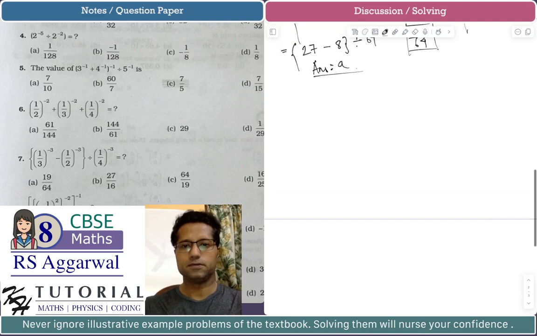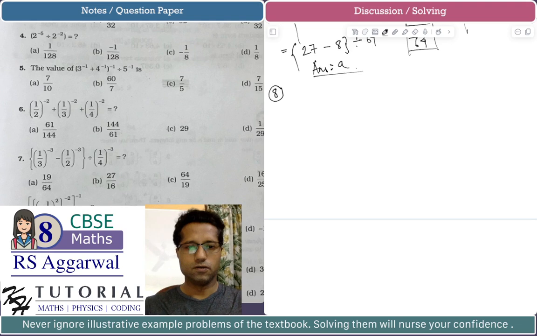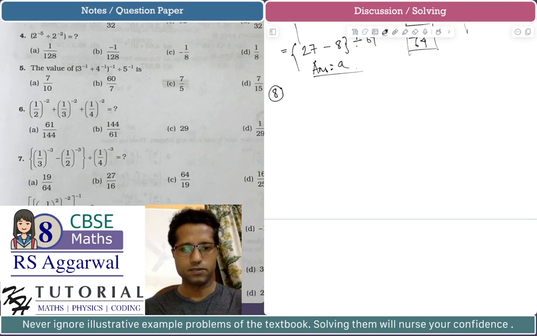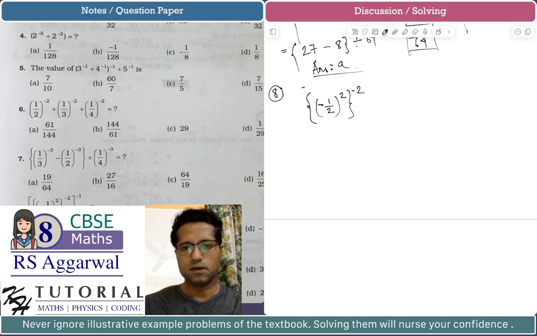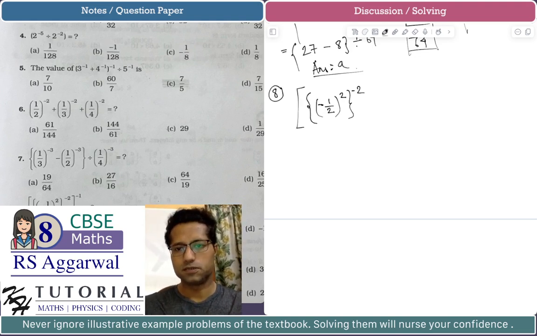Problem number 8. This is also an evaluation, and we have 3 levels of power. First we have minus 1/2 raised to the power 2, then this exponent is again raised to the power minus 2, and then this is raised to the power minus 1.